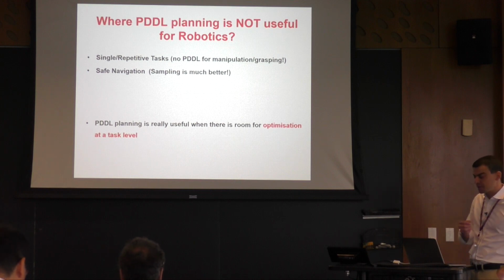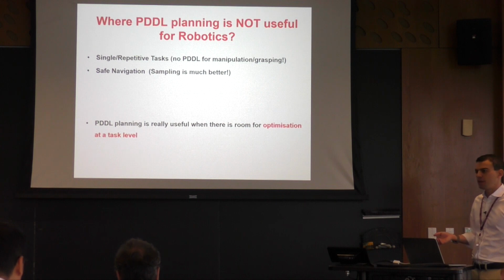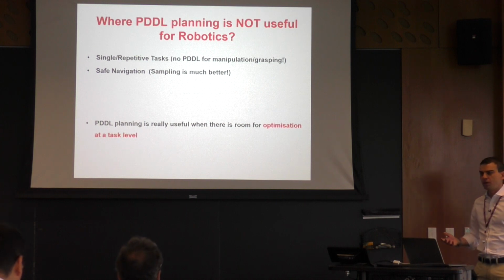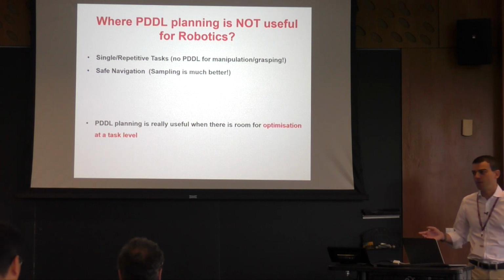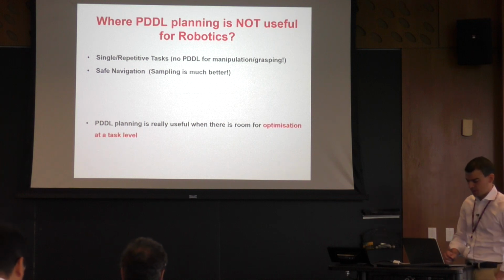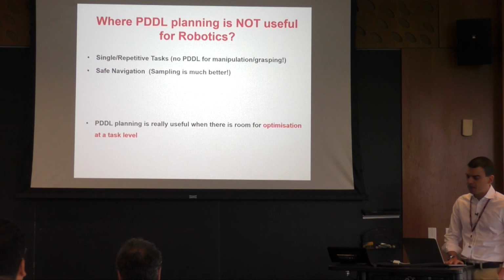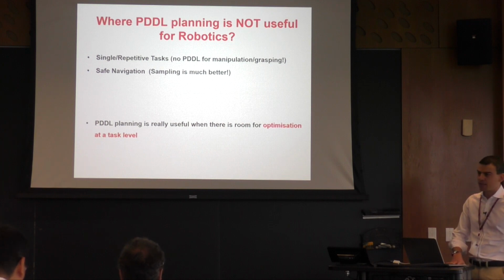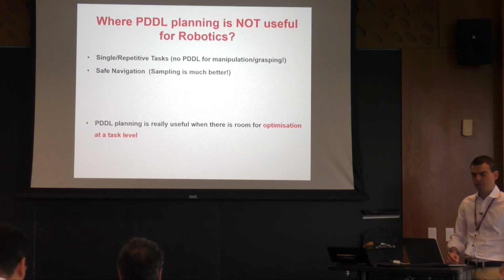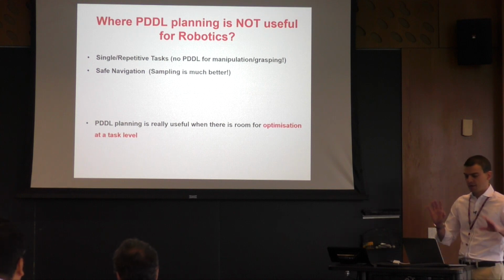Similarly, if you're interested in safe navigation, you don't need PDDL planning because sampling is already very much mature, and people are doing that very, very well. So you don't need PDDL planning in this kind of scenario. However, PDDL planning is really useful when there is room for optimization at the task level. And we will see some examples in the rest of the talk.